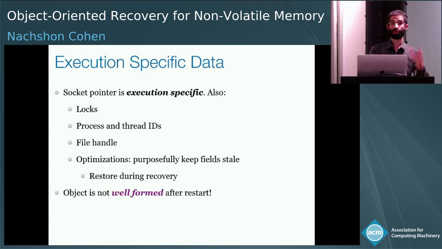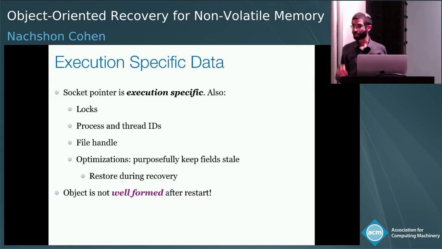There are even several libraries written for non-volatile memory that purposefully keep some of the fields as transient to avoid some runtime cost. And the problem is, again, that after shutting down the machine and restarting, the object is not well formed for the current execution.